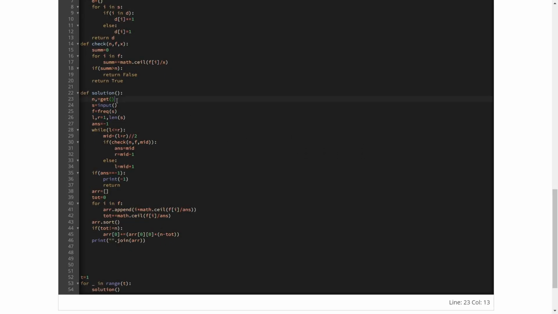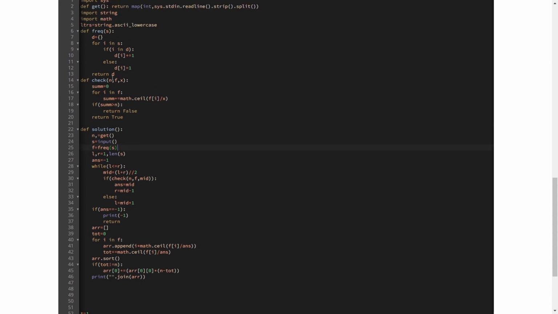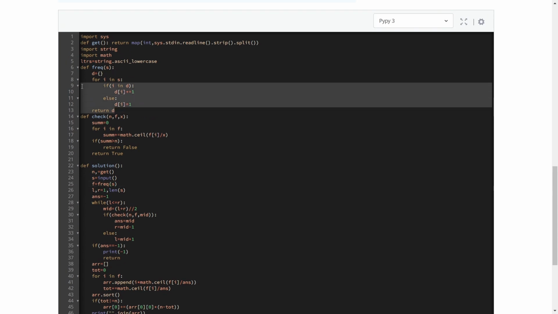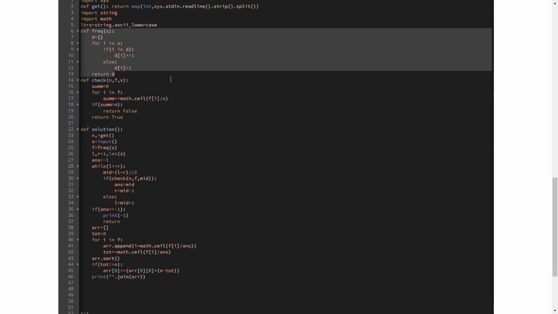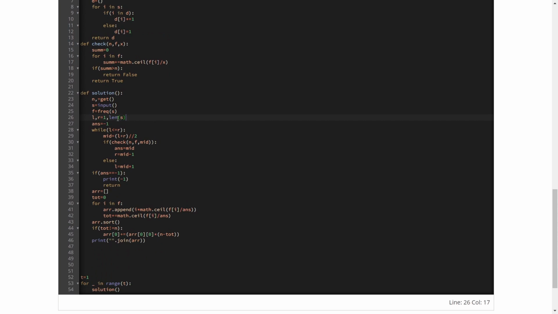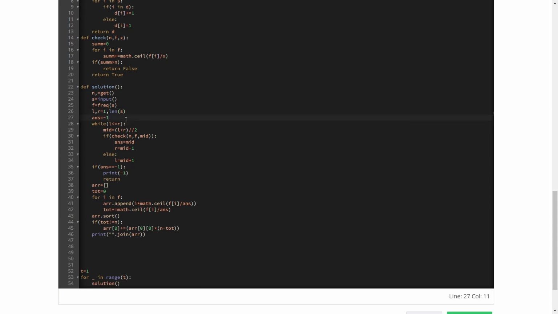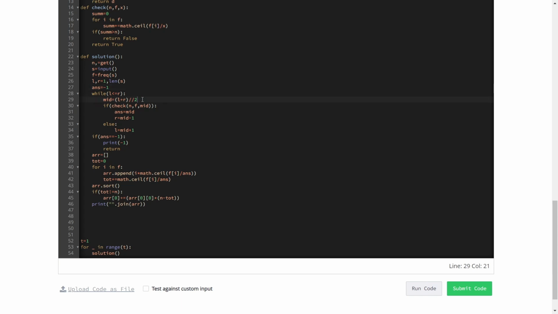Initially we're just getting the inputs n and s, and after that we are calculating the count of each character in s, which is just the frequency f, using this particular function. We are using a dictionary to do so, and then we are starting the binary search. It should start from 1 and go till the length of s, and we are initializing the answer initially to -1.